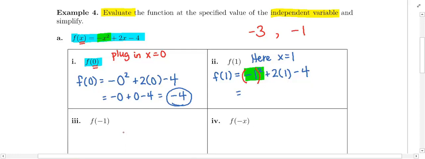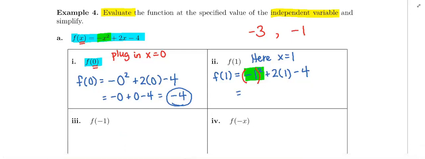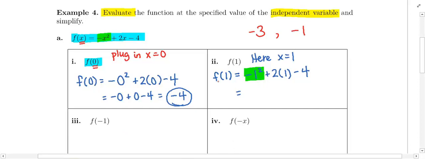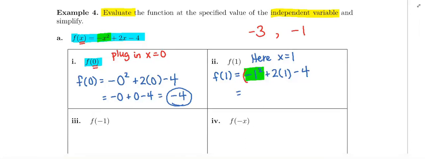We don't have parentheses. So whatever is immediately touching the squared is what's being squared. The negative is not being squared. Had we had parentheses, then everything inside the parentheses would be squared, including the negative. But that's not what we have.